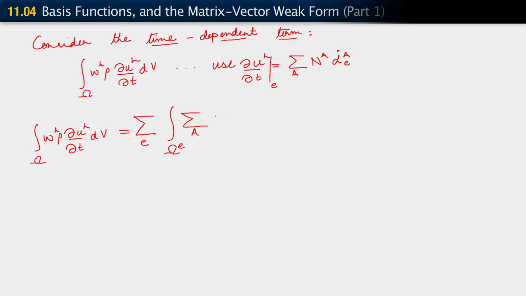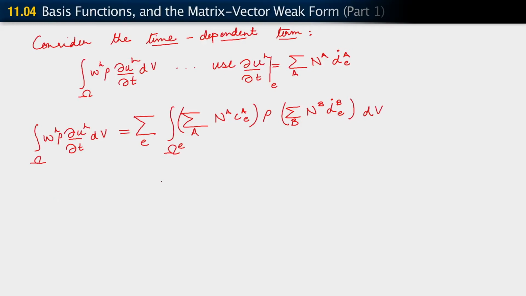Sum over A, NA, CAE, and we know that this first parenthesis is what gives us the WH term multiplied by rho. And for the next term, we have now sum over B, NB, DB E dot, dV.